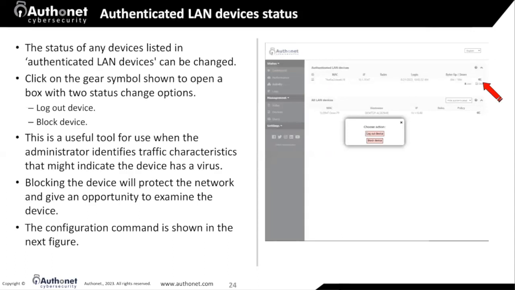We can look at the authenticated LAN device status, click on the gear symbol, and we have the options in the box that opens to log out the device or block that device. This is an action we may take if we identify that device as having a potential risk to the network.